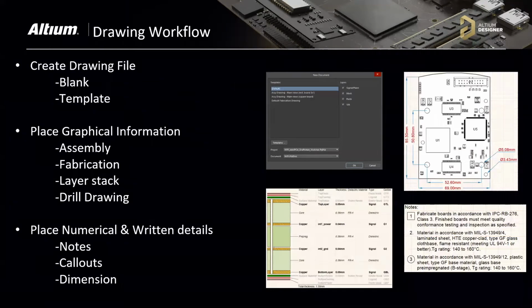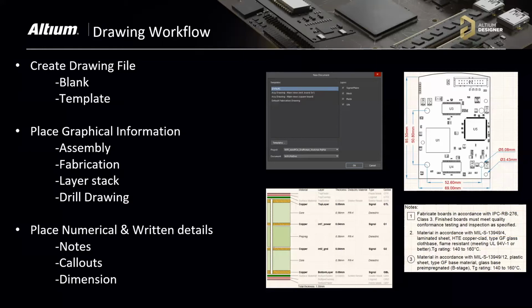So you can see a few pictures here. You can create a drawing file from default. I'm going to show in the demonstration the blank page. Then I'm going to place the assembly drawings, then the fabrication drawings.